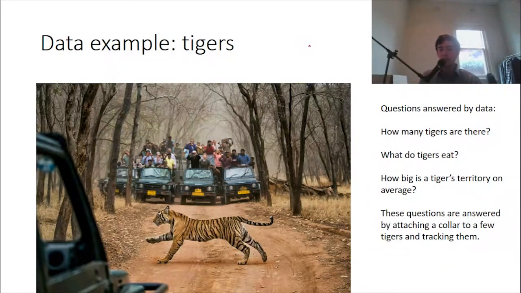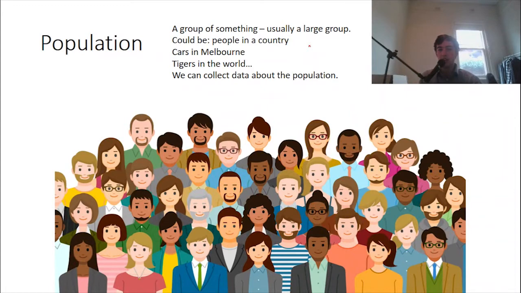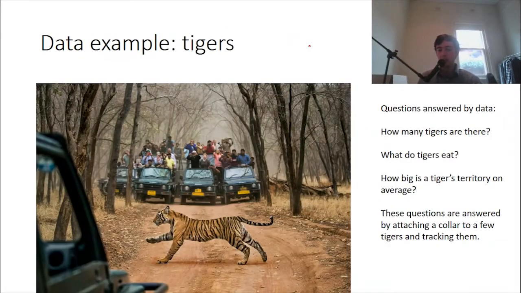And we're going to see very soon that what's happening here is they've got a population of tigers, which is all the tigers in the country, and they're just choosing a few tigers and studying them, and that will give them information about the whole population.